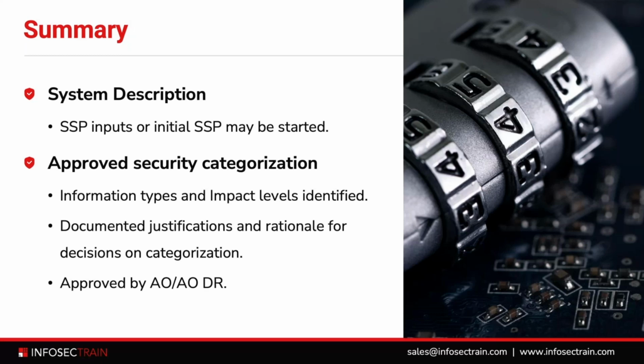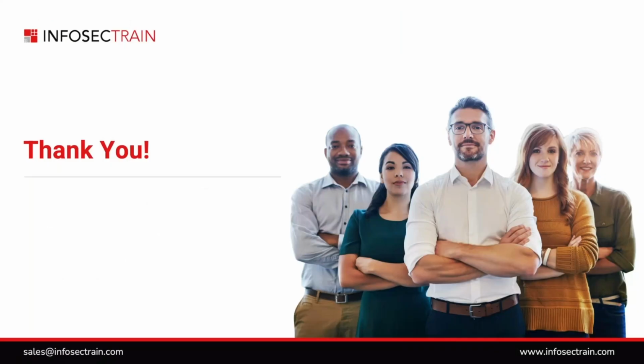If there is any deviation or any exceptions, those are recorded, and also sent for approval for all the systems wherever exceptions are requested. And finally, the approval for the categorization is initiated with AO and AODR. So, team, this was all, at a high level, about system categorization.